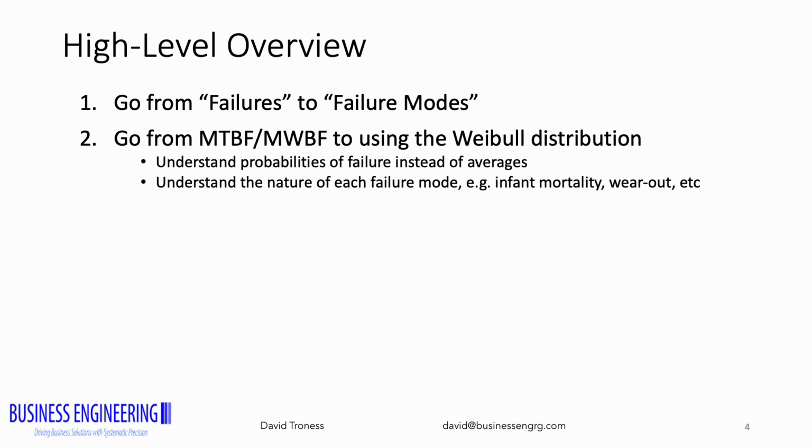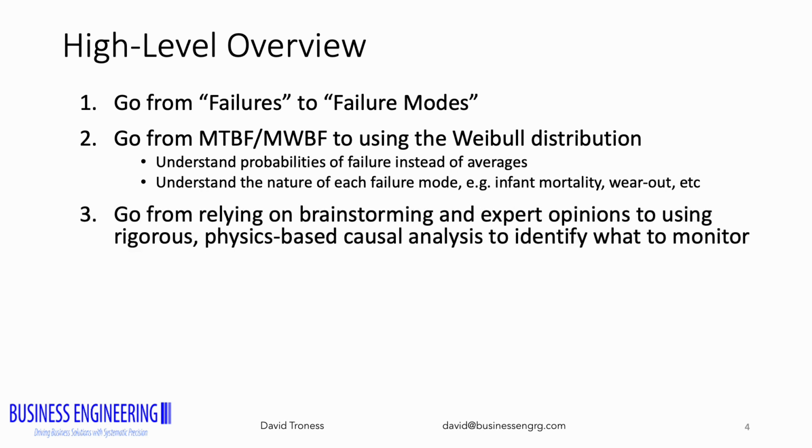This helps us to understand the nature of each failure mode as well. For instance, whether it is an example of infant mortality, wear out, or random occurrences. We also go from relying upon brainstorming and expert opinion to using rigorous physics-based causal analysis to identify, for instance, what to monitor.